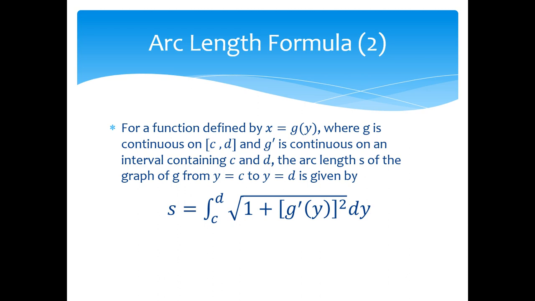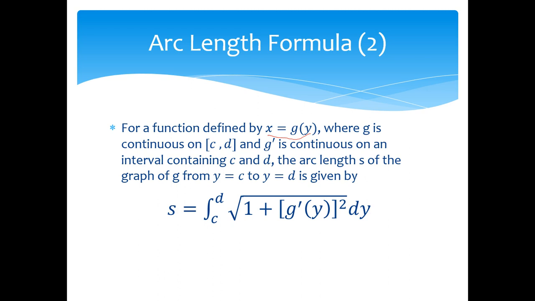Also, we can find the arc length for a graph defined by x equal to g of y. I call it a graph because it says x is equal to g of y. G here is continuous on c and d, and then g prime is available. We have g prime, right? So this is no different from what we saw earlier.